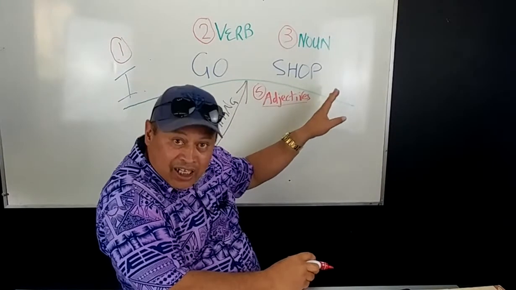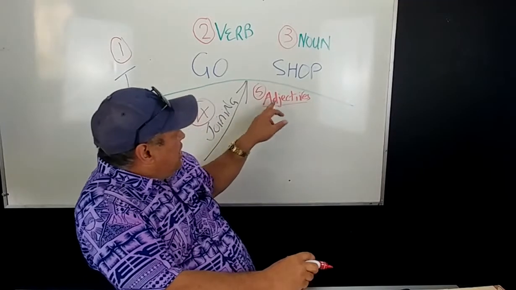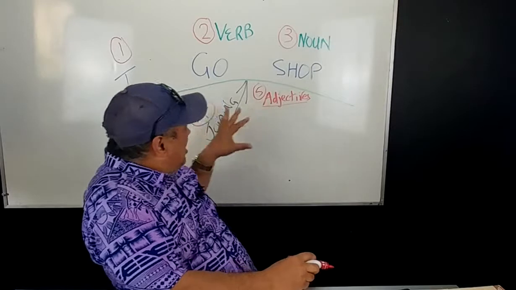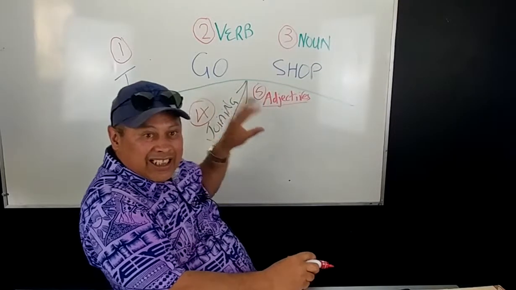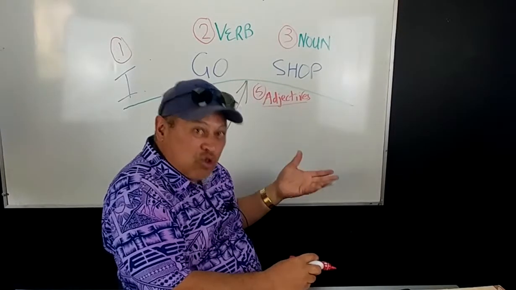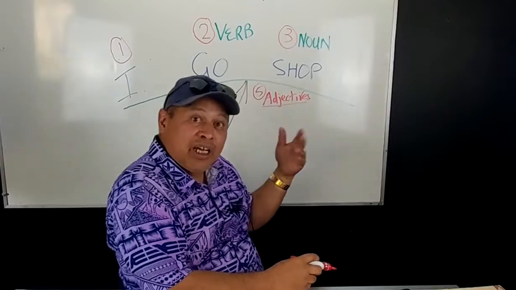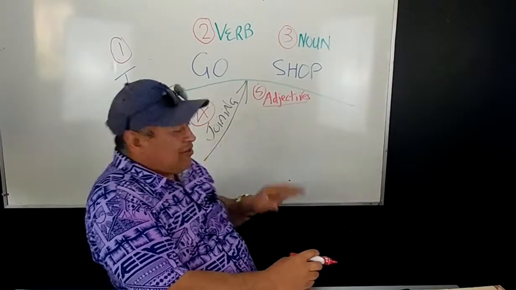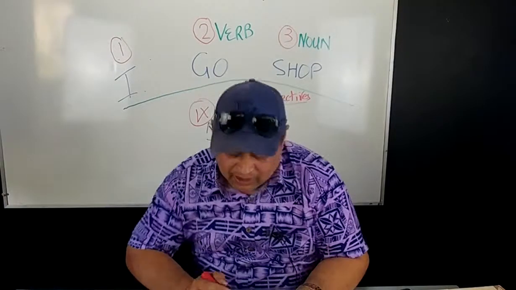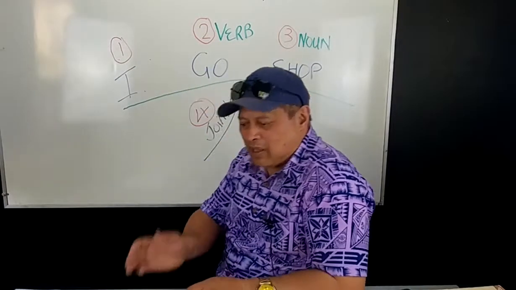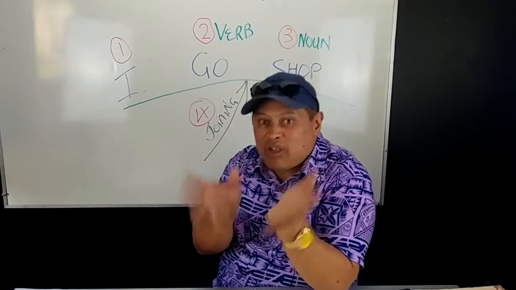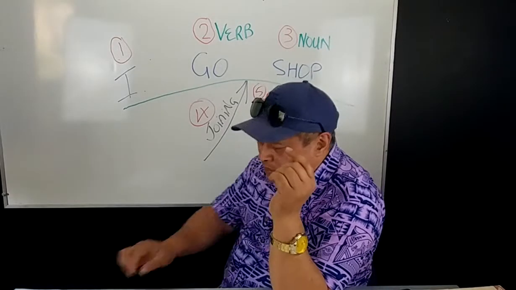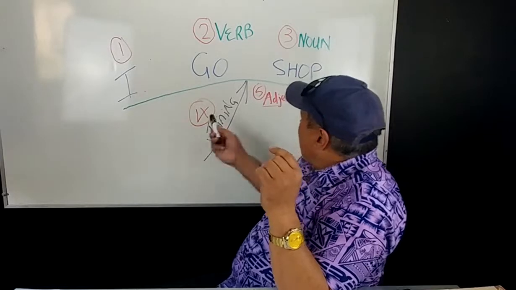These words amplify the sentence. Instead of "I go shop," it becomes "I am going to the Indian shop." Those are adjectives, and you learn that in step 5. Really, when I say you learn, it's about having the tools, the words, to be able to say it. So stick with me, because it ain't that hard. We'll be able to crack this thing.